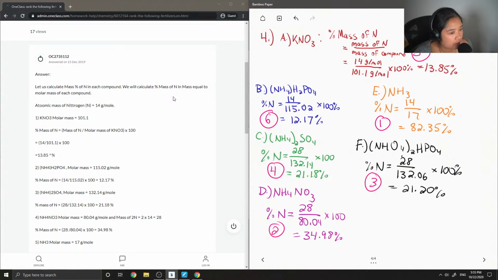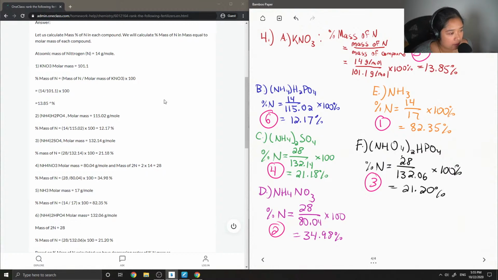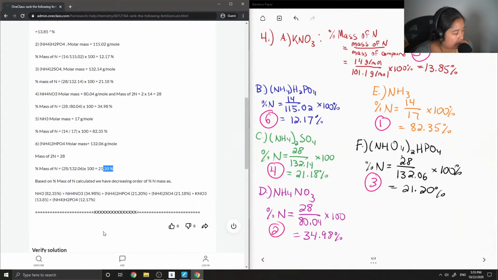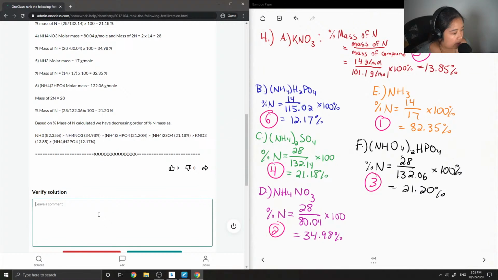Okay, so they calculated it the same way that I did. They got 12.17, 21.18, 34.98, 82.35, and then 21.20. Okay, so great job. This solution is correct.